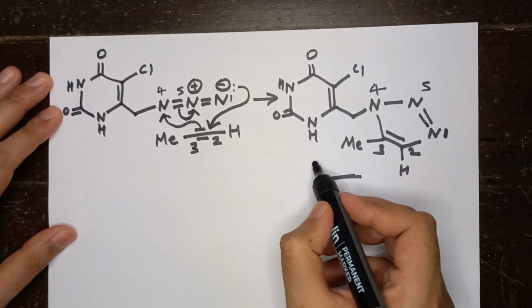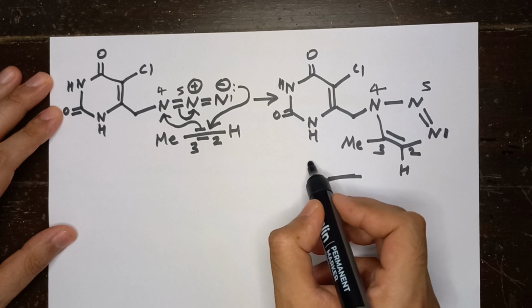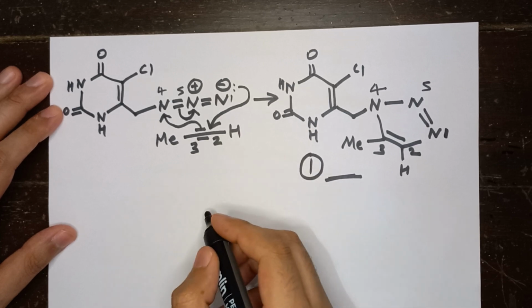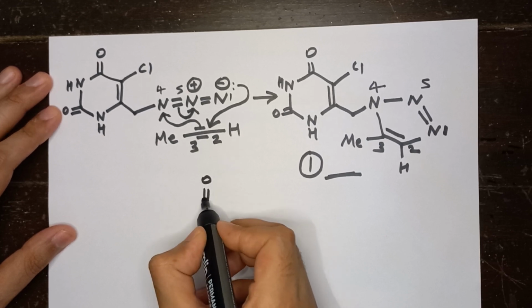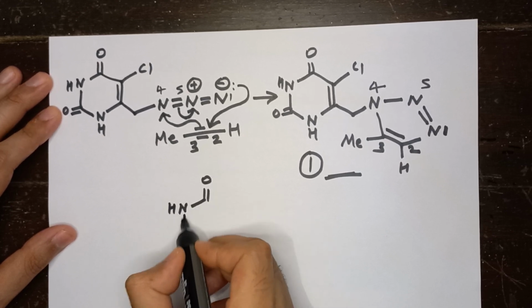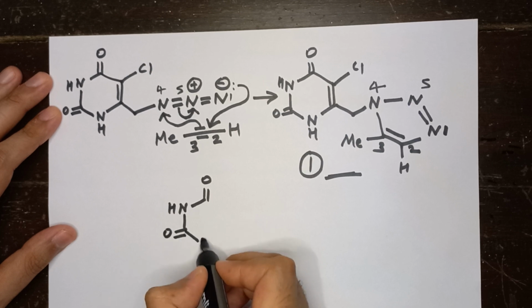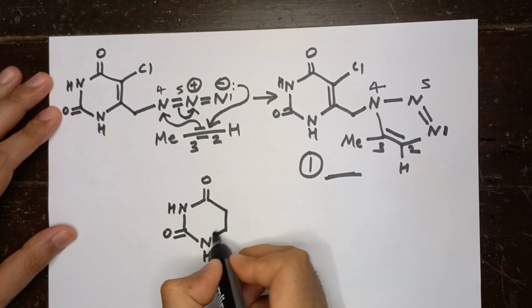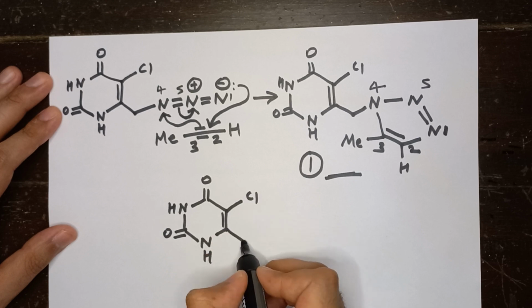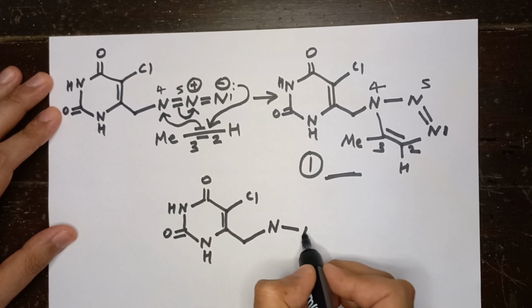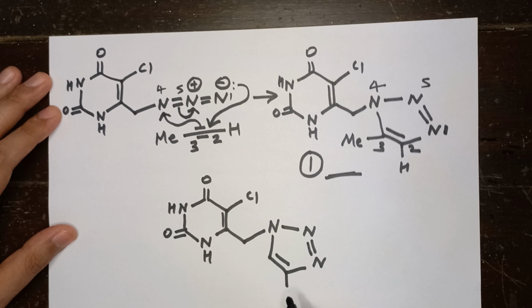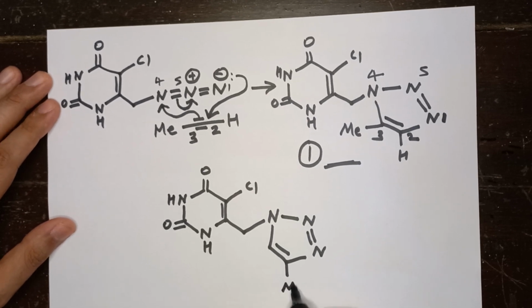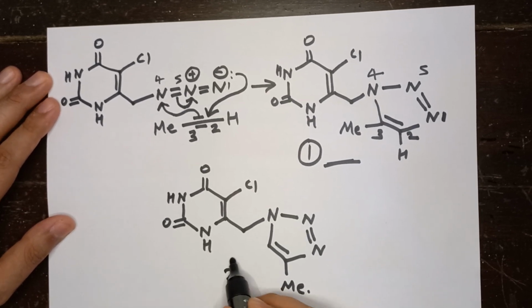So this is my one of the product. Let me name it as 1. And the second product we have drawn in previous slide is this one. So this is my second product.